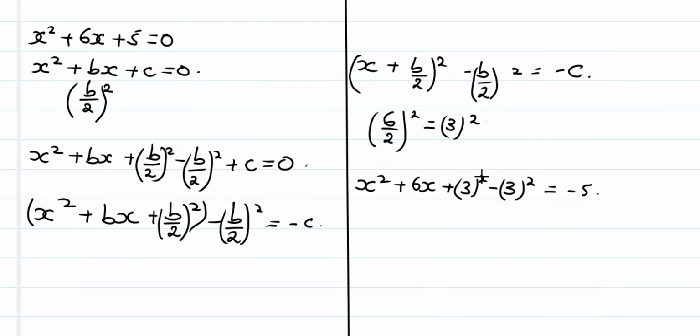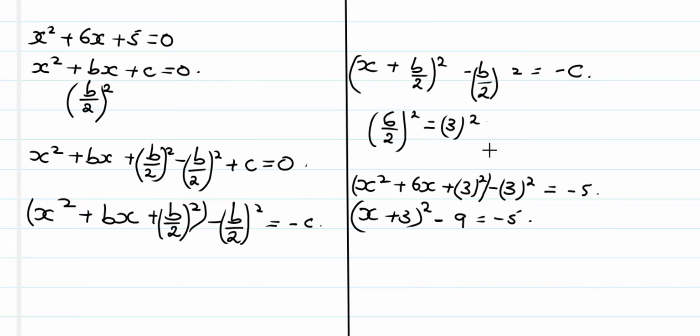Then from this part here you can note that it is a complete square. So I can write it as x plus 3, squared. If you expand this, you will get x squared plus 6x plus 9, because 3 squared is 9. Then minus 3 squared, which is 9, equals negative 5.